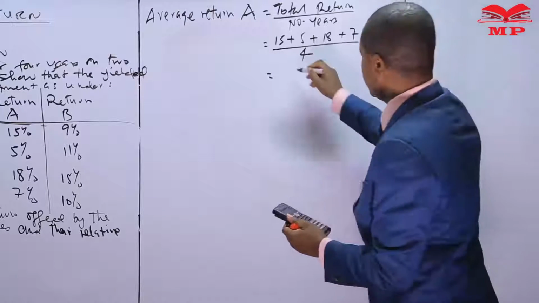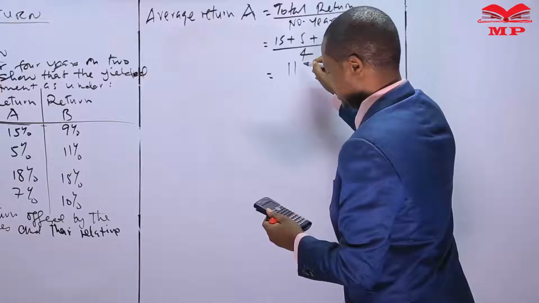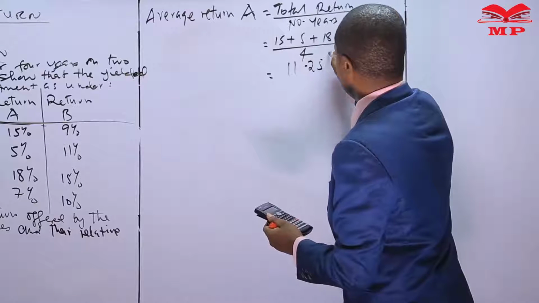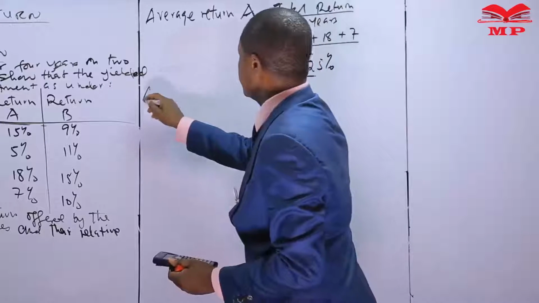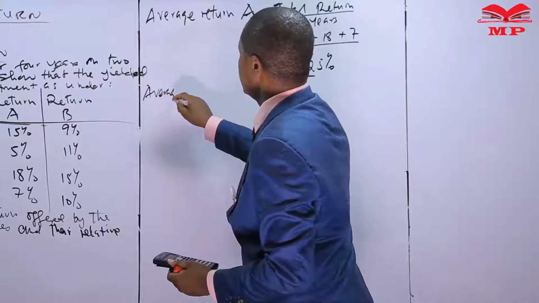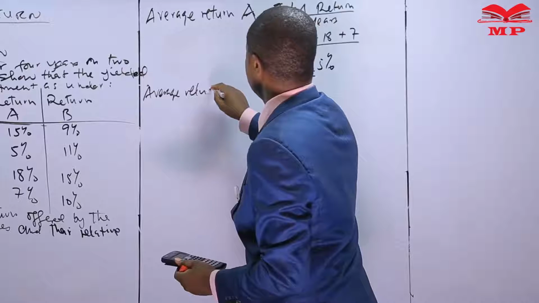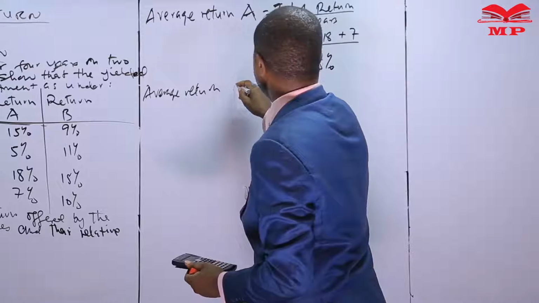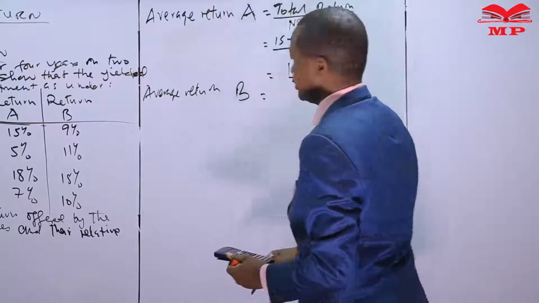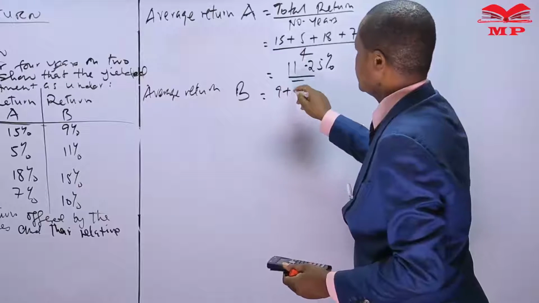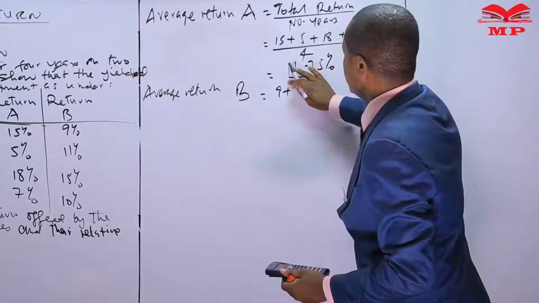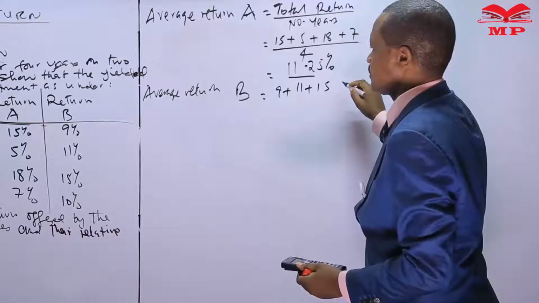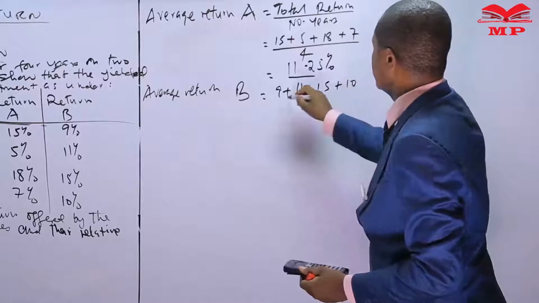So the average return is 11.25% for security A. Then the average return for security B will be equal to 9% plus 11% plus 15% plus 10% over 4.